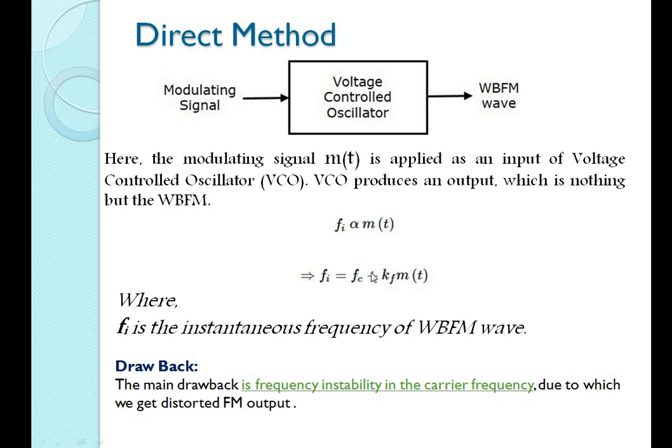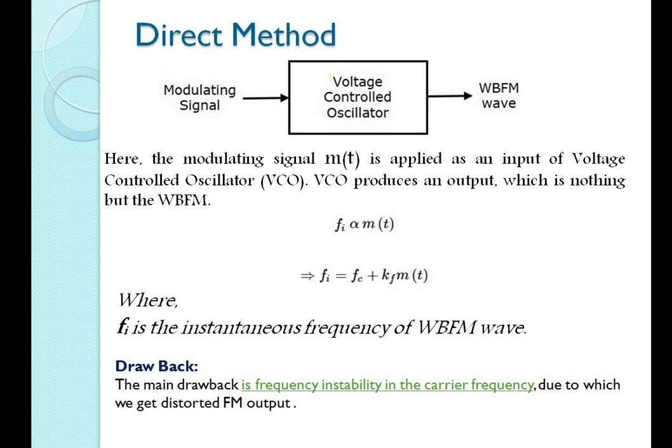So your frequency is directly proportional to m of t. Can we say that? Yes. That is, fi is nothing but the carrier frequency plus the frequency sensitivity times m of t. We discussed this equation in the last class. Here fi is the instantaneous frequency of your wideband frequency modulation.